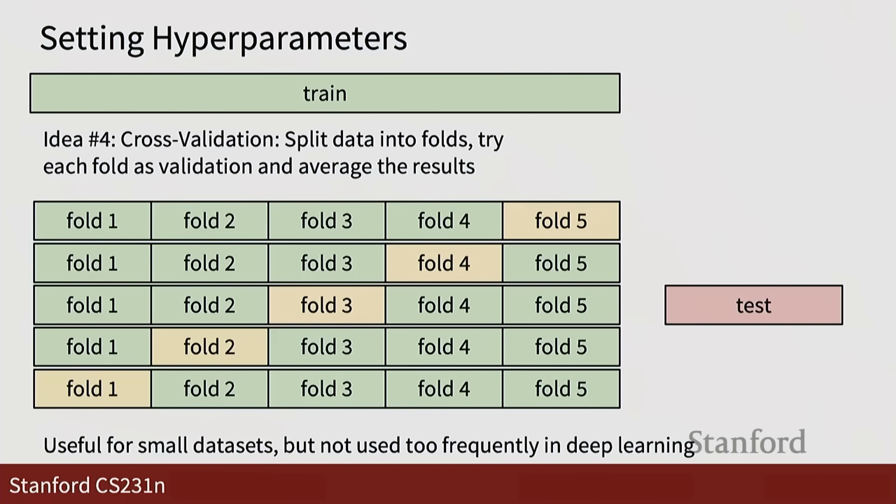You do this 5 times and average the accuracies. So you set a value of the hyperparameter, you run this for all these 5 sets, calculate the accuracy on the validation set, and average it.